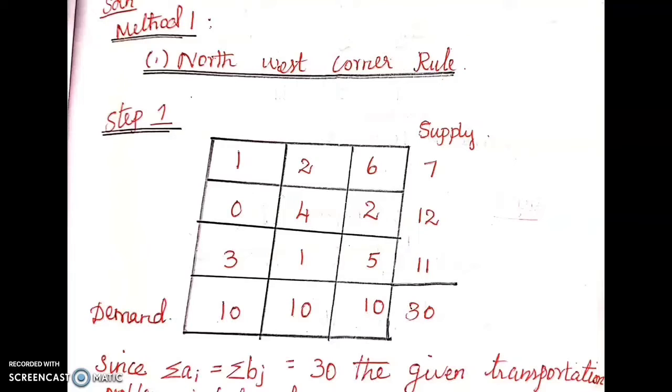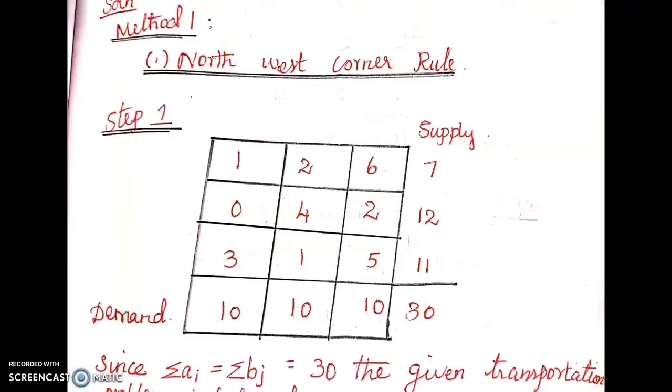If summation of ai, that is supply, is equal to demand, that is summation of bj, both are equal, it means the given transportation problem is balanced. If summation of ai is not equal to summation of bj, that is supply is not equal to demand value, it means the given transportation problem is unbalanced.